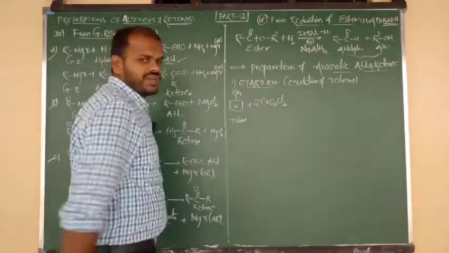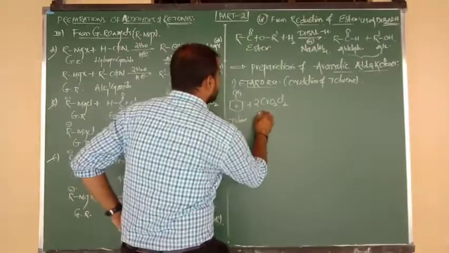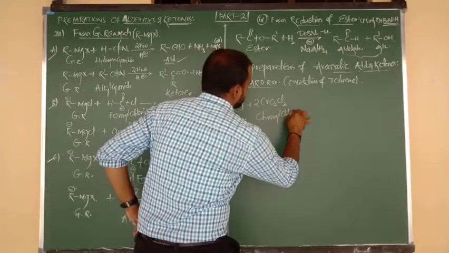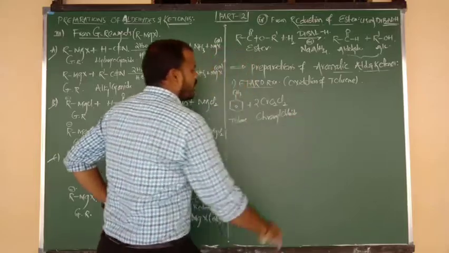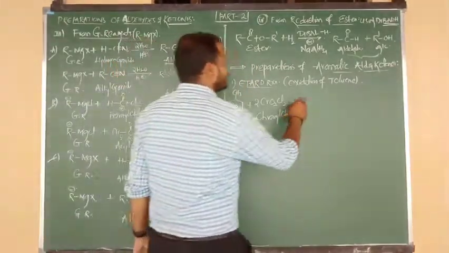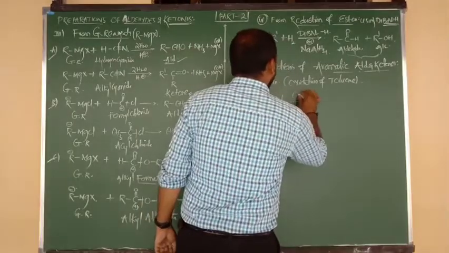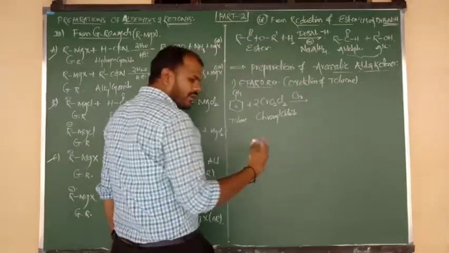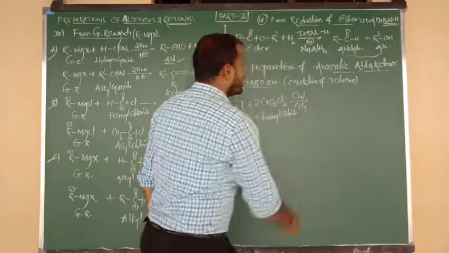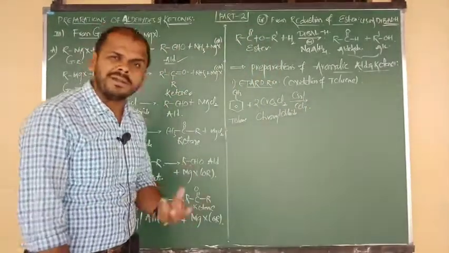So the compound name is toluene. Toluene upon oxidation with chromyl chloride, CrO2Cl2, and here you require a supporting solvent. If you want you can consider CS2 or otherwise you can consider CCl4, carbon tetrachloride, and also carbon disulfide.